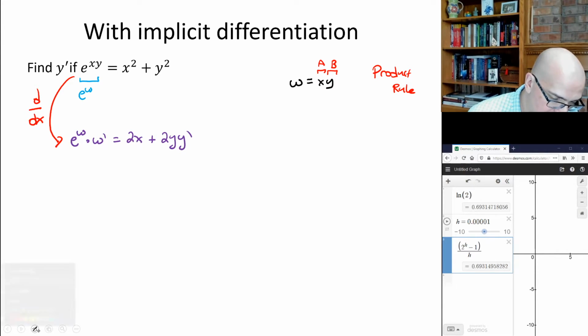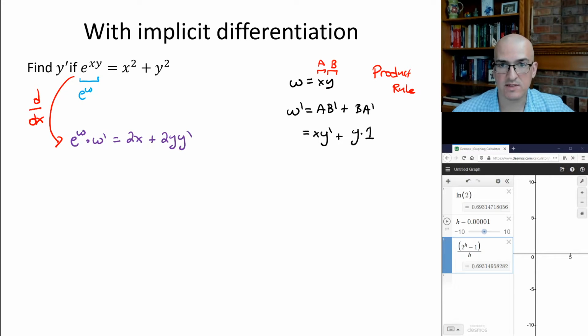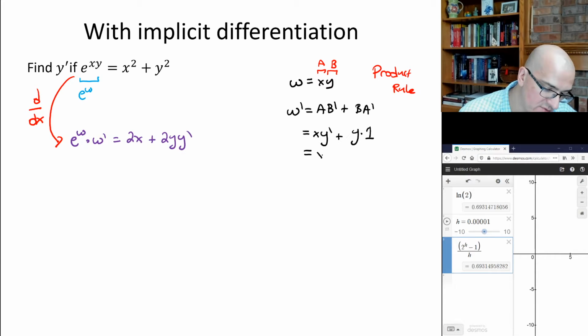When we take the derivative, w prime is a b prime plus b a prime. So a is x, b prime, the derivative of y, is y prime, since y is a function, plus b is y, times a prime, the derivative of x, is 1, since x is a variable. So we get x y prime plus y.